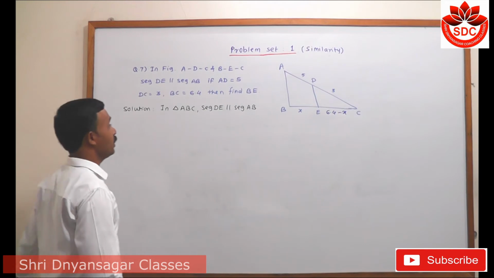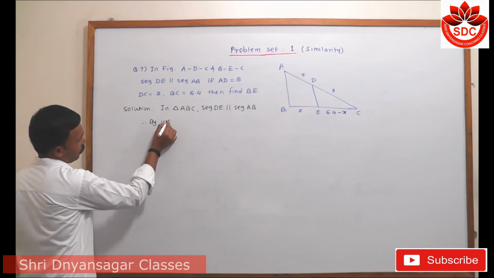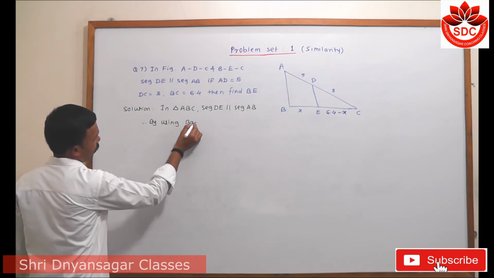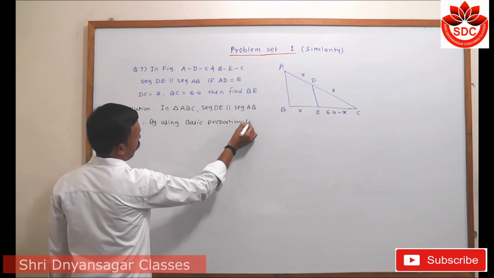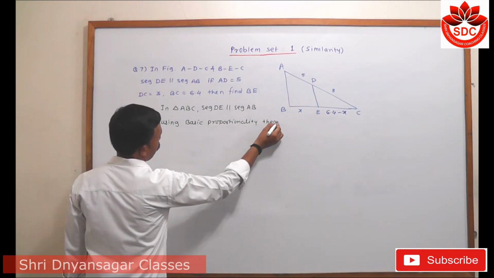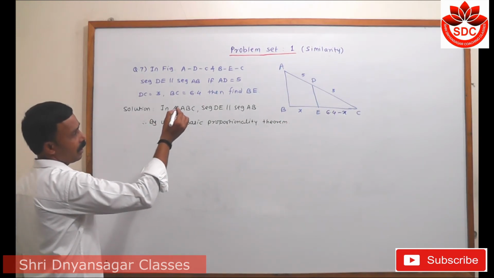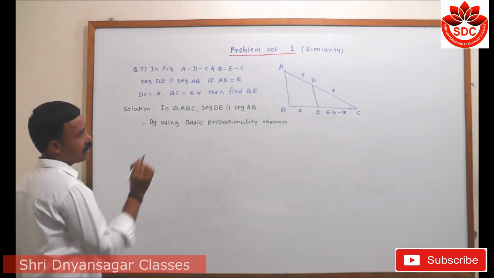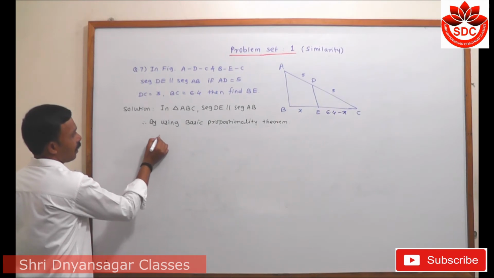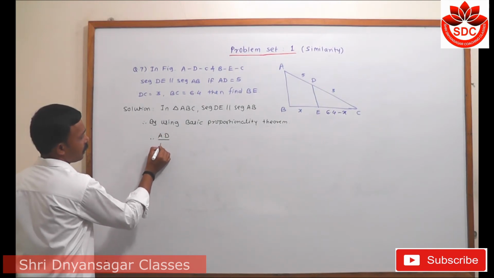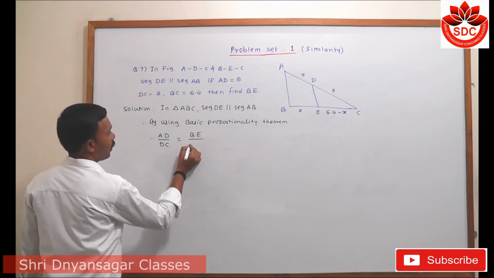So by using the basic proportionality theorem, we take the ratio starting from any point A, B or C. I will take it from point A, so AD upon DC is equal to BE upon EC.